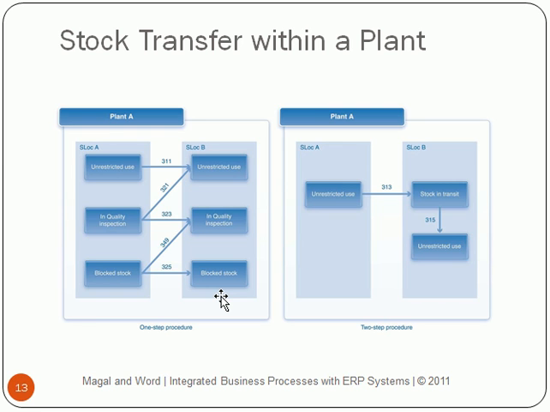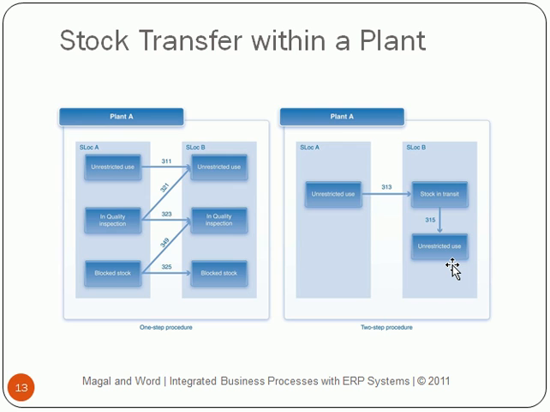If we are doing the two steps, now I can only move unrestricted use, and it goes into transit, and then with a transfer posting becomes unrestricted again. So remember, with the two steps, because of geographical separation or dispersion, you will have to move only unrestricted use to transit, and then transfer posting to unrestricted use.